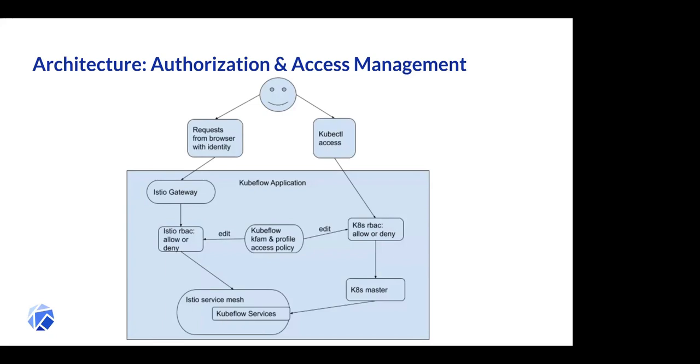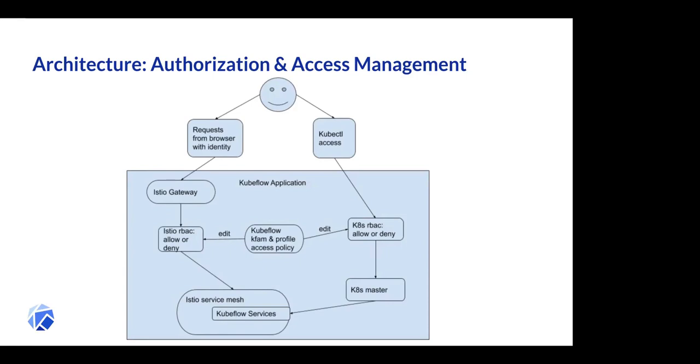So for browser request, like we said, EC2 gateway receives the request, gets the user identity, and goes through EC2 service mesh. Service mesh will consume the policies and decide if they will allow or deny the access to the Kubeflow services.